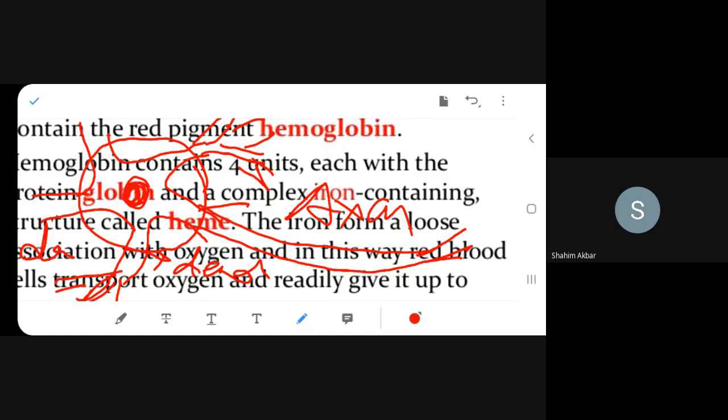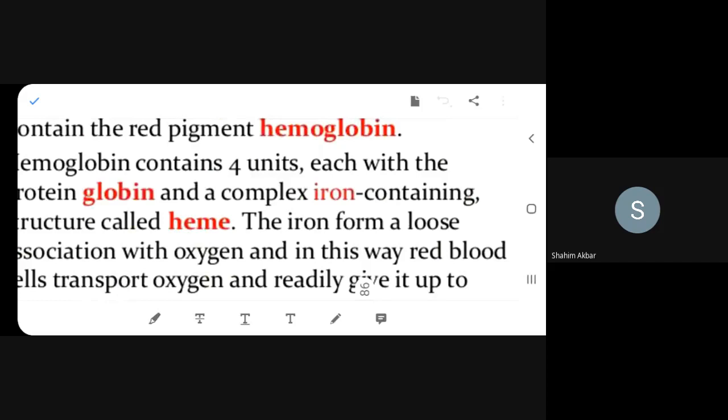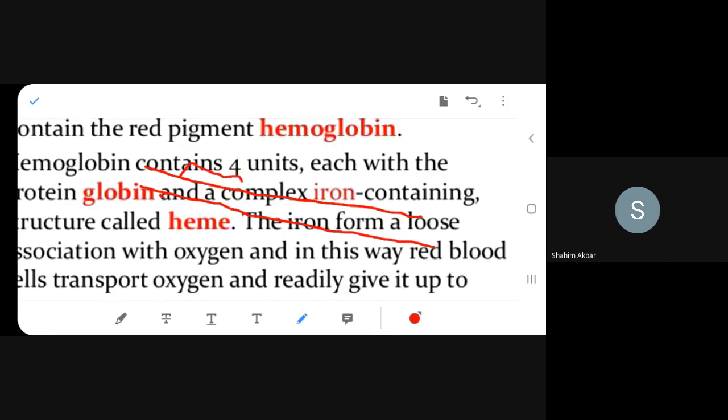Now, the tube-like structure is having a connection, which is known as synapse. And this tube-like structure will have a covering like this, which is called the myelin sheath.